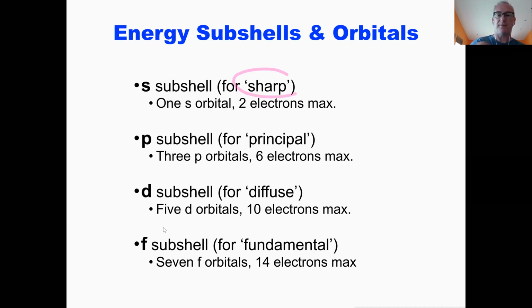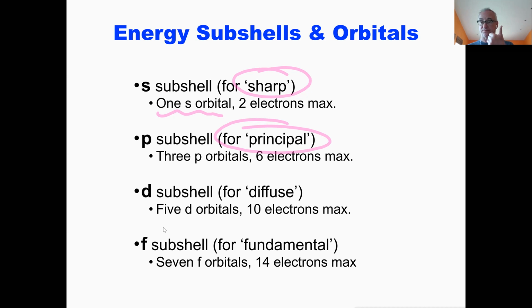S stands for the sharp lines. So that has just one orbital with 2 electrons. P stands for the principal lines. So I guess the next in intensity next to the sharp. So P for principal. Now there's 3 orbitals in the principal subshell, and so there's room for 6 electrons there.